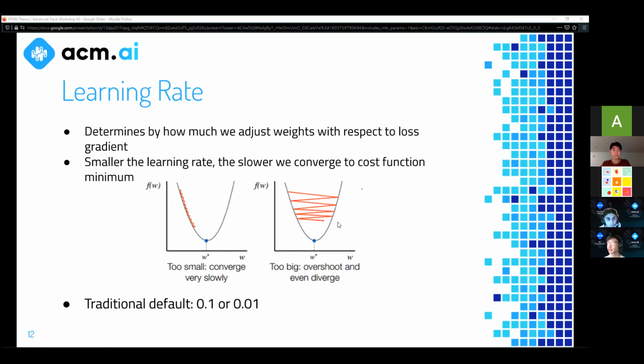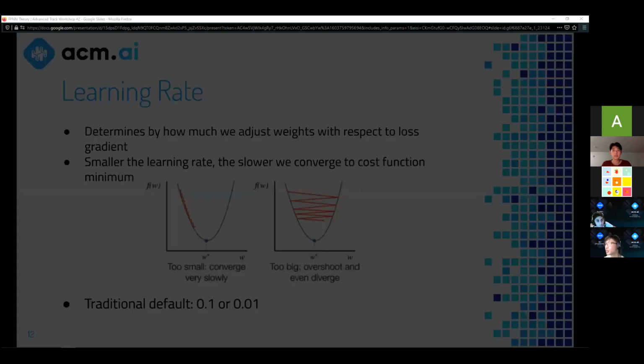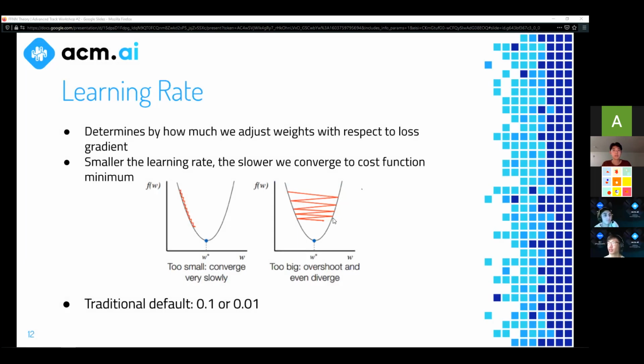A different kind of problem might happen when we pick a learning rate that's too large. In this case, we start somewhere like here, right? And if our learning rate is too large, it's going to say, okay, we need to move to the left in order to reduce the loss. But it's going to move too far to the left and overshoot the minimum, and go to a point where it has an even higher loss.